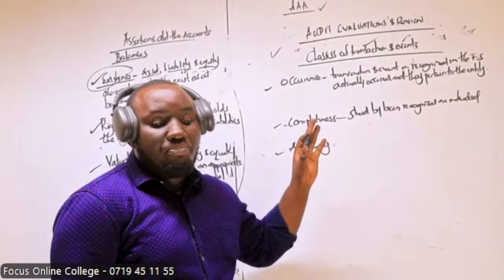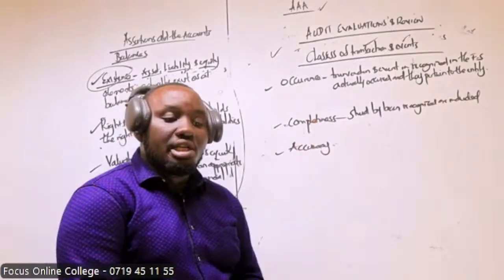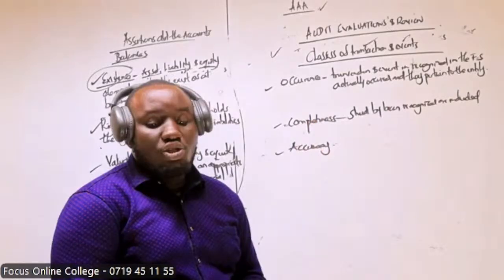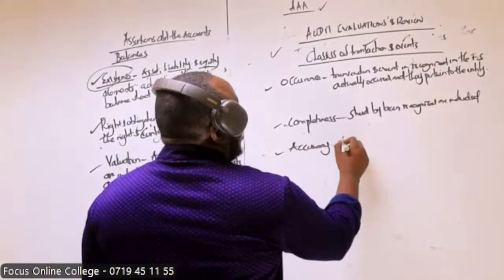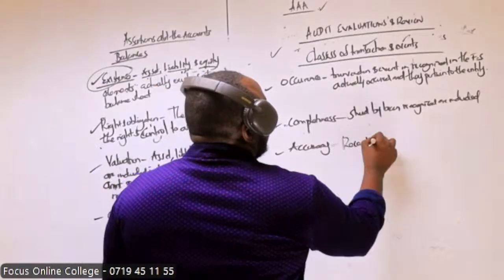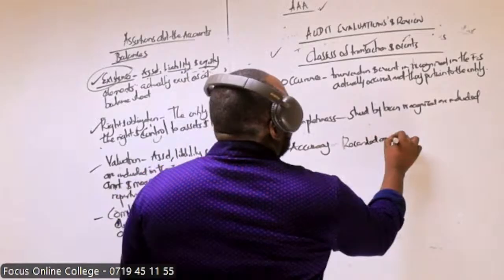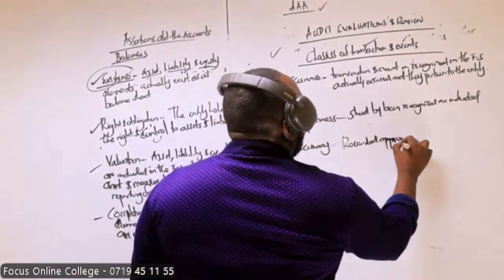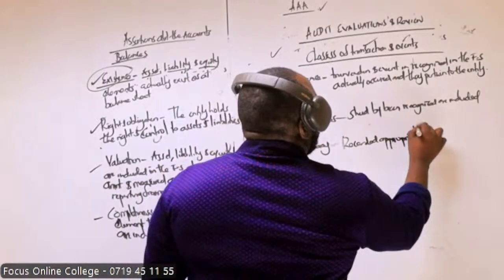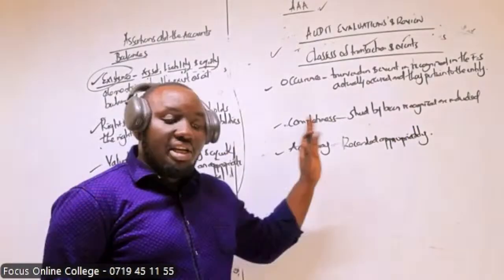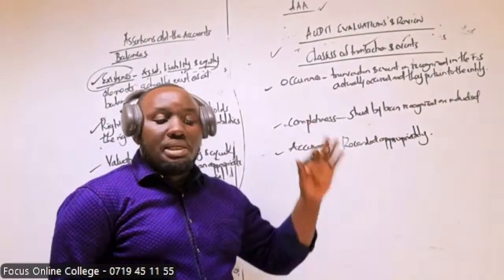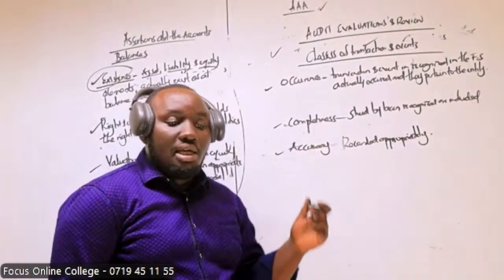Amounts relating to transactions and events in the financial statements are recorded appropriately. That's what we call accuracy.